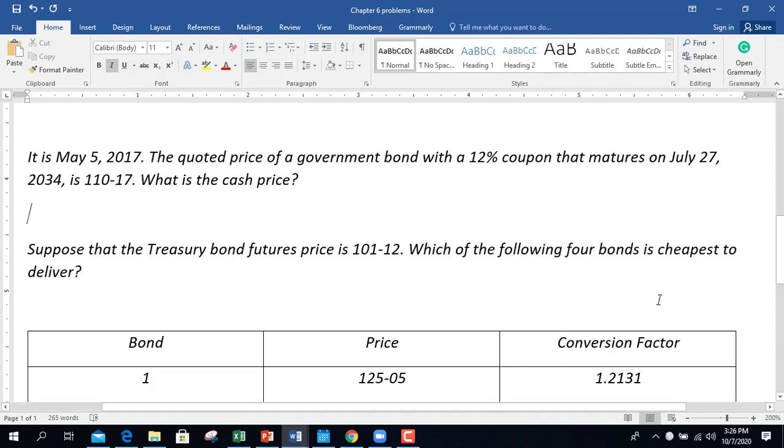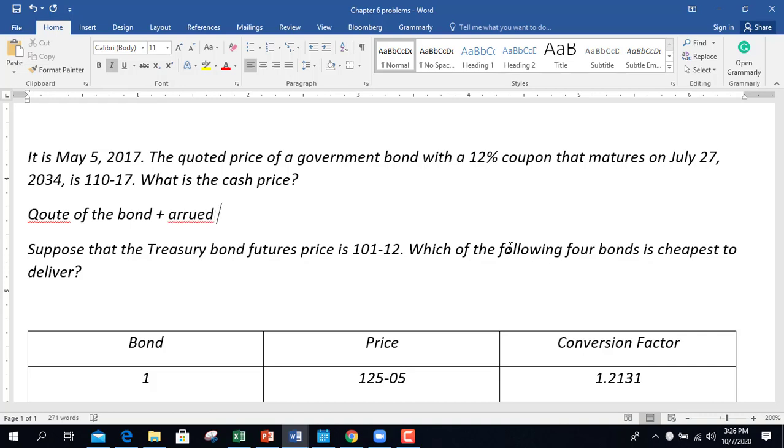The cash price is always the quote of the bond plus accrued interest. Okay, quote of the bond plus accrued interest.